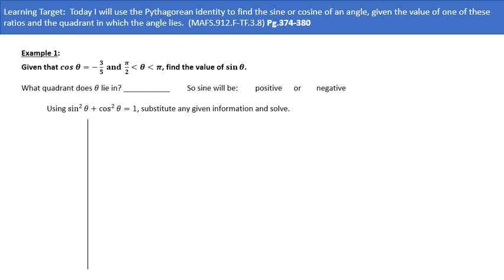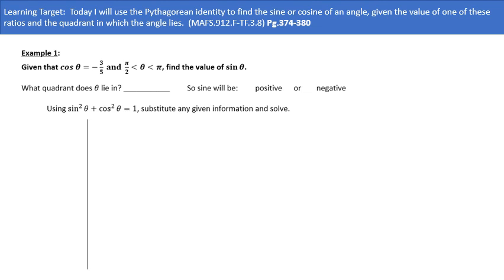It still has a ratio of sides. It still has a value for sine and cosine. It's just not one of the ones that we've memorized. And that's where the Pythagorean identity comes into play, when you have the cosine of one angle, or the sine, and you want to find the other one. How do you do that? Here's how we do it.